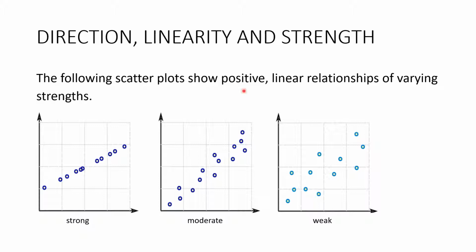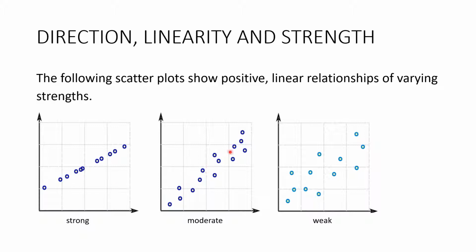So here we're talking about the direction. They're positive, they're going up from left to right in every case. They're roughly linear, they're roughly a straight line in each case. This one is very strong, almost perfect. Almost a straight line, I think, could probably be drawn all the way through there without any of the dots deviating. This one is moderate or moderately strong.